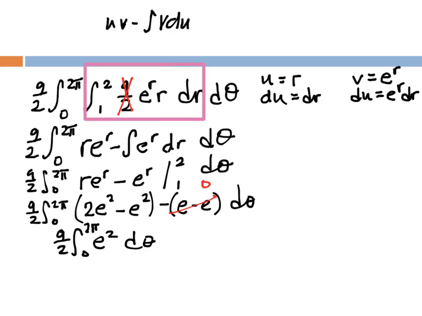What's the integration of e squared? Theta times e squared, which I'm going to evaluate at 2 pi down to 0, times my 9/2. So what will this be? 9 pi e squared. That's right.